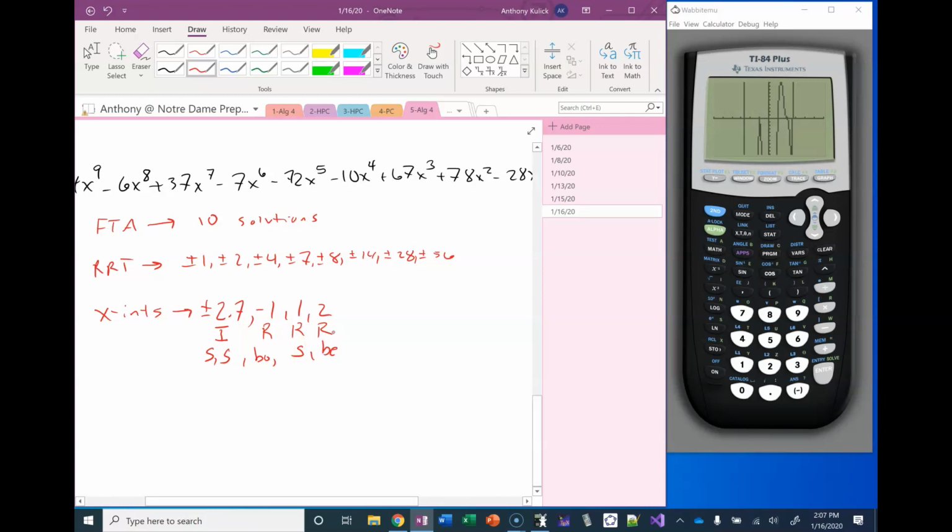Everybody's okay there? Okay. So let's build out our possibilities. So let's make our table then. So the rational ones go in my table. The irrational ones we're just going to put under a blanket column called irrational. And then I have my total over here.